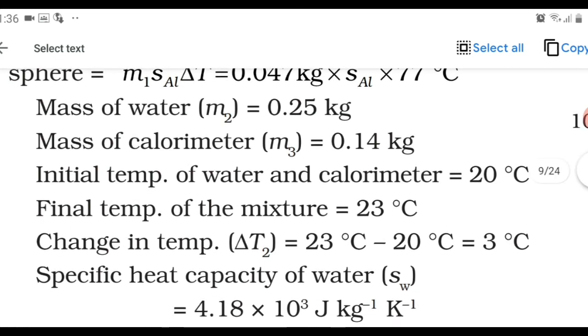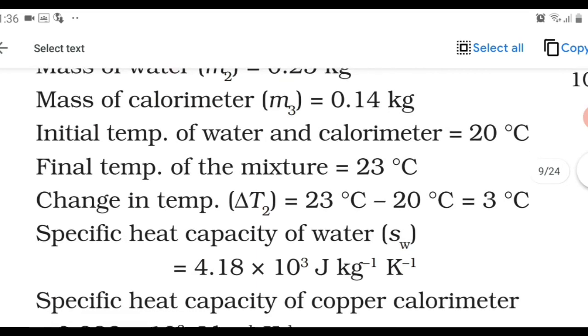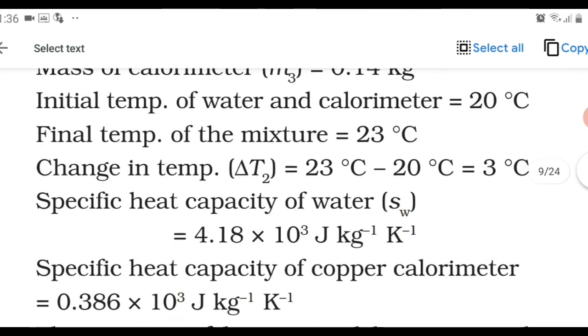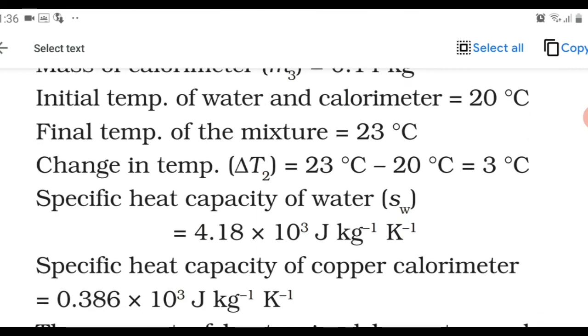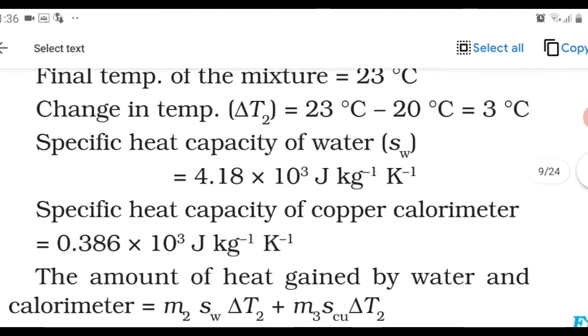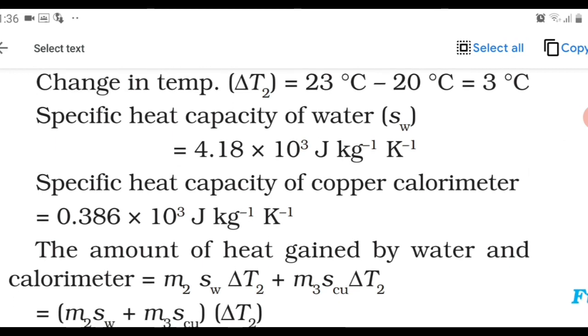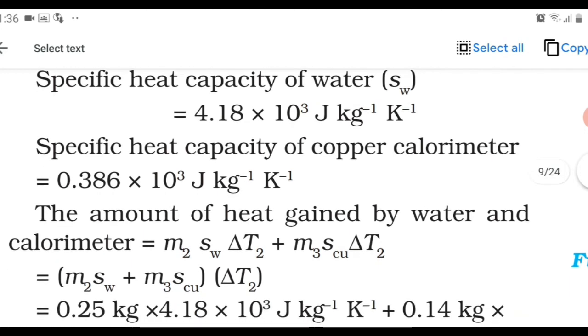So for both the calorimeter and water, the temperature difference is 23 minus 20, that is 3 degrees Celsius. And from the table which we have seen earlier, we get the specific heat capacity of water, S_W, as 4.18 into 10 raised to 3 joule per kilogram per Kelvin, and the specific heat capacity of the copper calorimeter as 0.386 into 10 raised to 3 joule per kilogram per Kelvin.